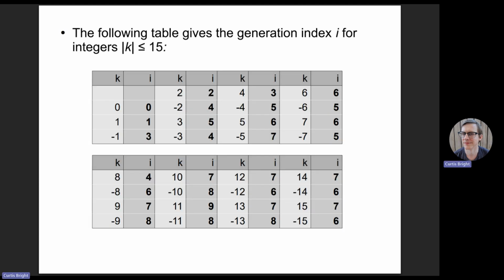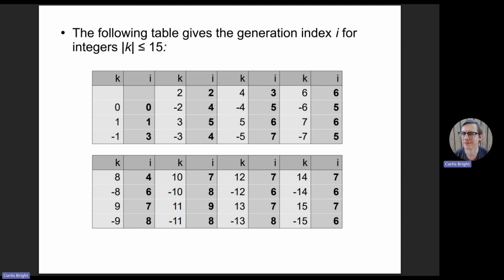So that led us to thinking about, okay, well, where do these numbers occur in the tree? So this table, you can see it's kind of in groups of 4. So the k's here are the integers, so 1, -1, 2, -2, 3, -3. And in the column next to it, I, this is the row in which you can find it in the tree.